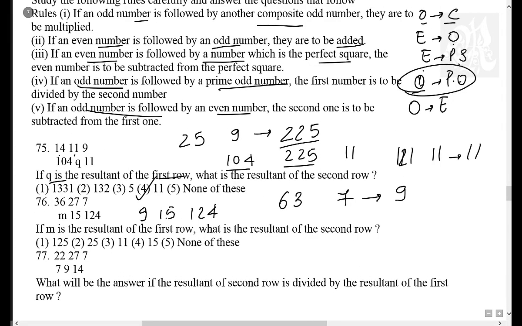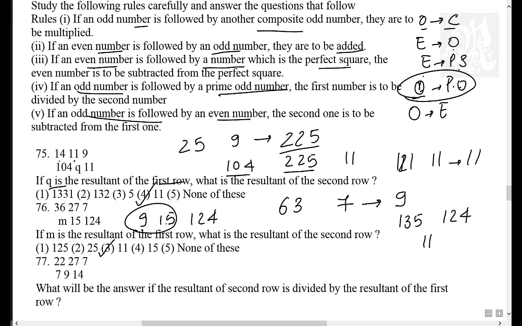What are you supposed to do? Multiplied. So 135. These two are multiplied. 9, 15 is odd followed by composite. Multiply. 135 and 124. What is 135 and 124? Odd followed by even. What is odd followed by even? Subtracted. What do you get as the answer? 11 again. And that's the answer. 11. Go ahead.